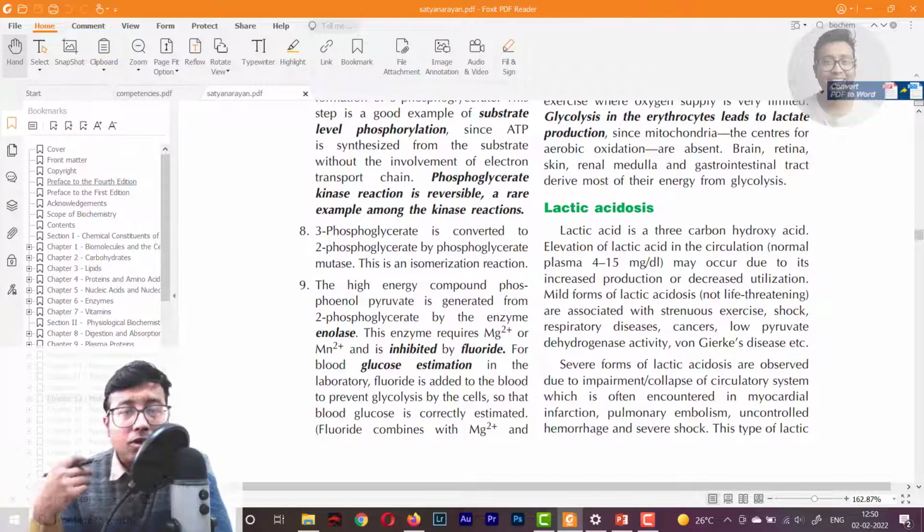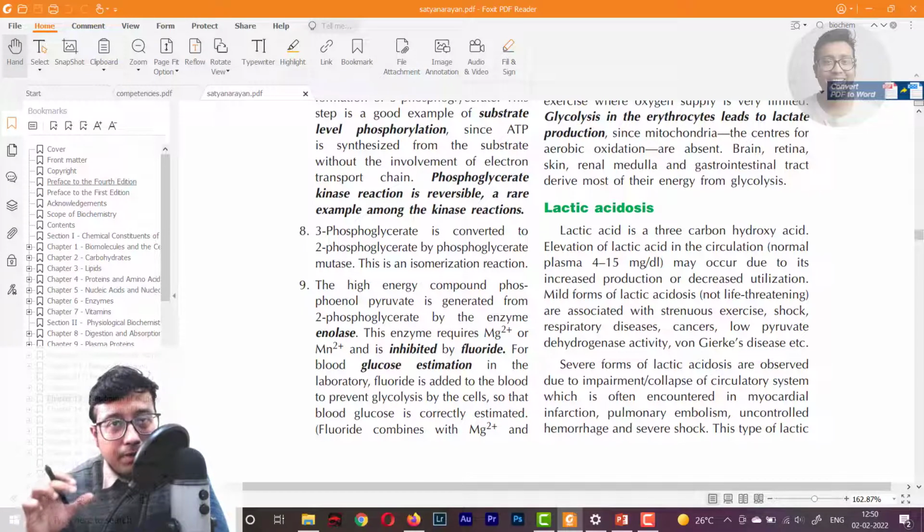If I give my blood in order to test whether I am diabetic or not, we are trying to measure the glucose, right? So what happens in that blood? There are RBCs, and RBCs cannot utilize glucose in any other pathway except glycolysis, because they don't have mitochondria, and the process which occurs in cytosol is glycolysis. So if we can somehow stop glycolysis, then the glucose will not be utilized and will remain intact.